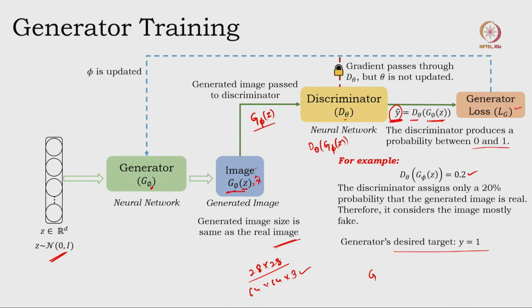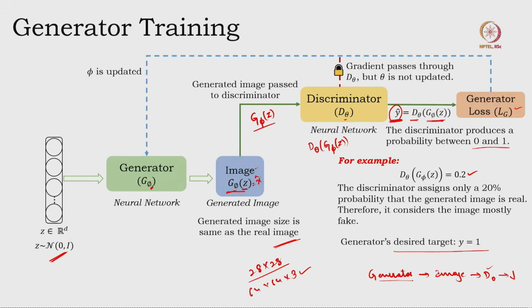Now, if a generator is generating an image, and for that image the discriminator is always giving a very low probability, it means the discriminator is easily classifying the image as a generated one. But ultimately, what is the role of a generator?